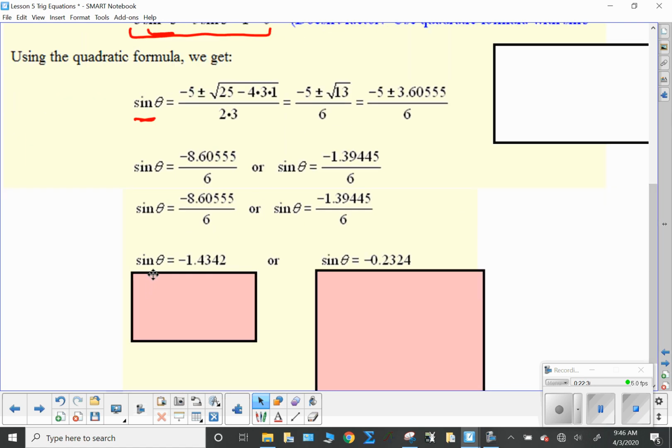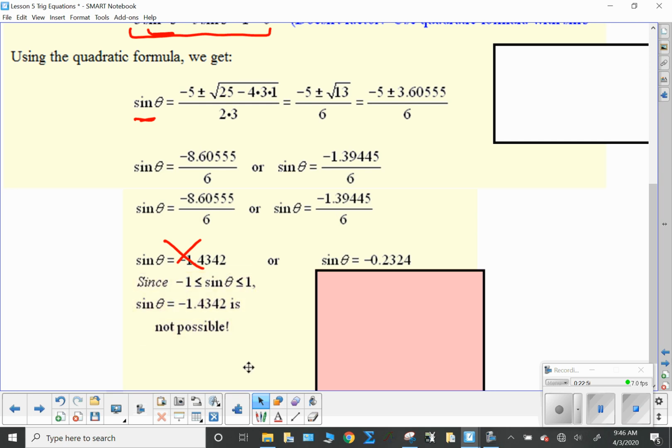This one over here, I get it down to sine of theta is equal to negative 1.4342. You should recall that's not going to give me an answer because sine has to be greater than or equal to negative 1 and less than or equal to 1. Over here, this is possible, but ooh, I don't recognize that. So how am I going to do that?